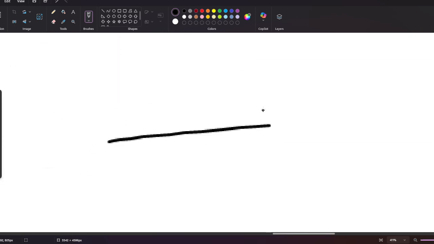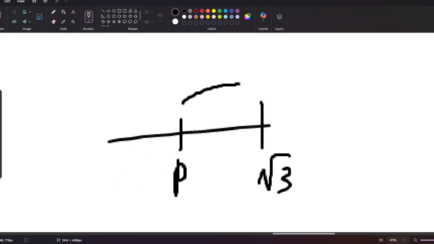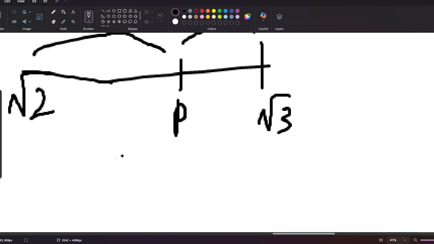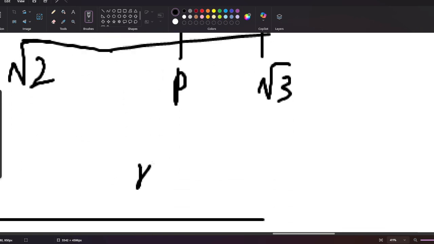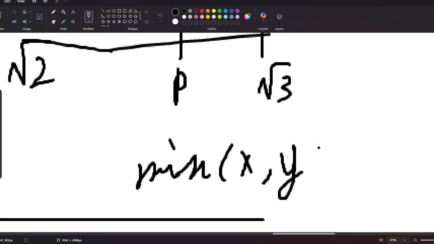Let's zoom in, let's say this is square root of 3, this is the point P. We can always find the distance to square root of 3 and square root of 2. Take the minimal one, say this is x, this is y. Take the minimum of x and y.